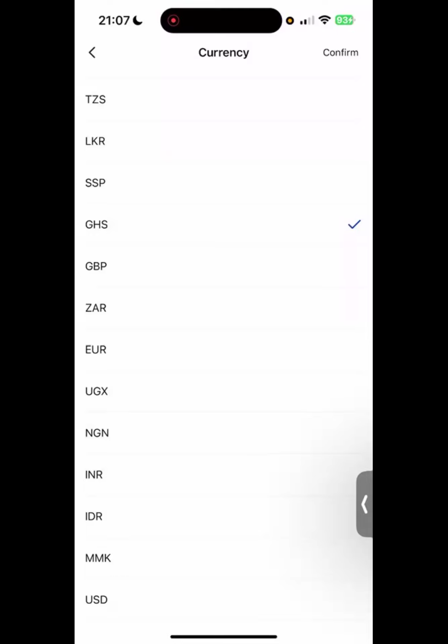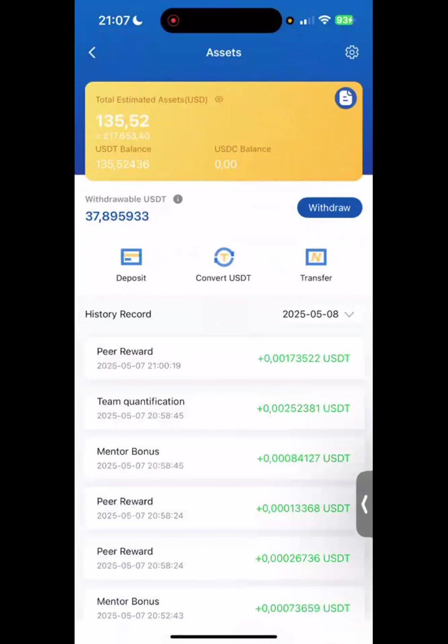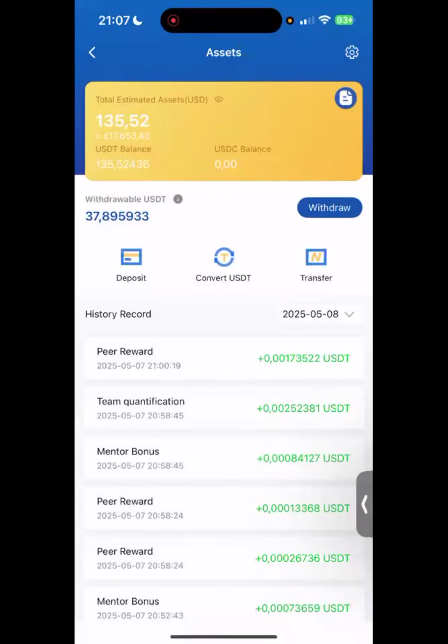SSP. Ah, thought as much. SSP. Okay. So let's confirm it. It's going to show my monies in SSP, South Sudan pounds. Oh, that's nice. Okay. I've learned something today. Okay, so it shows it. So if it's your trading profits too, you would see it in the valuation method you have chosen.